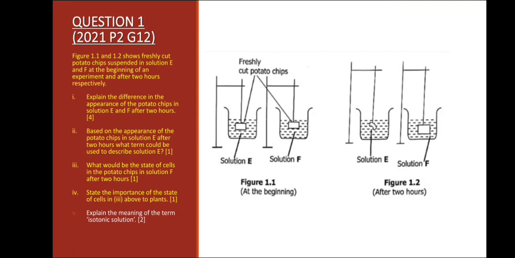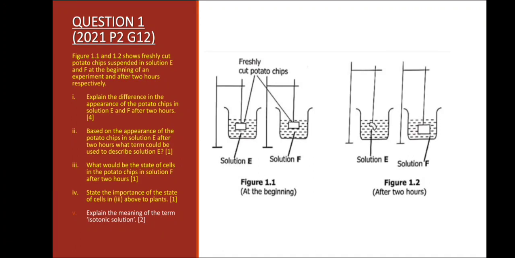Plants undergo 3 stages as they are growing, which is cell division, cell elongation, and cell differentiation. Cell elongation is a process by which cells grow bigger by absorbing a lot of water. So when plant cells absorb water and become fully turgid, that will result in growth. So it is important for growth.